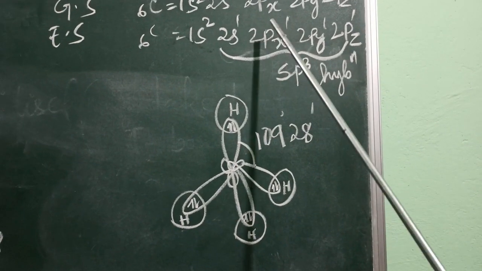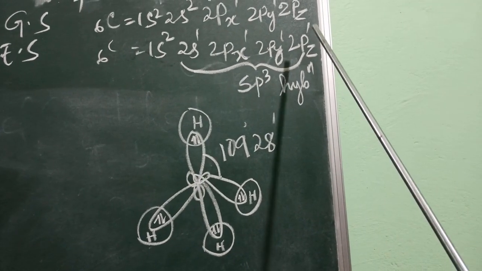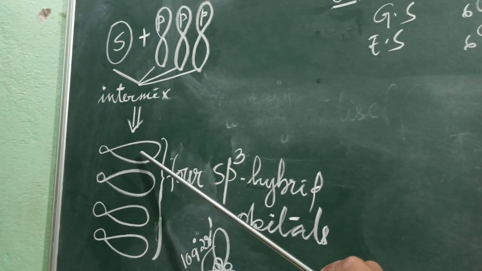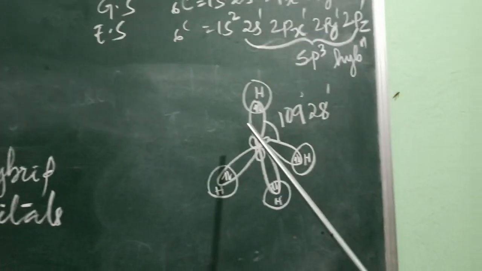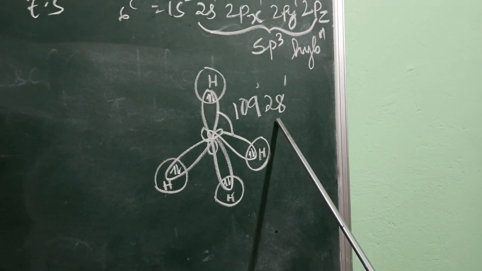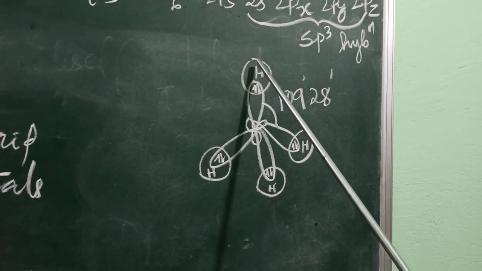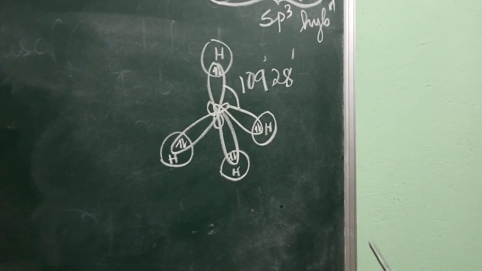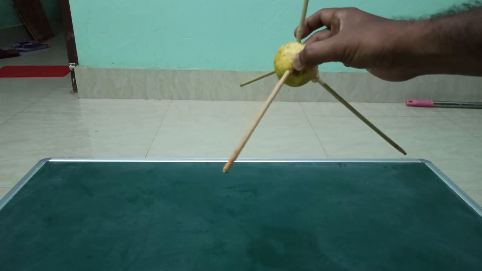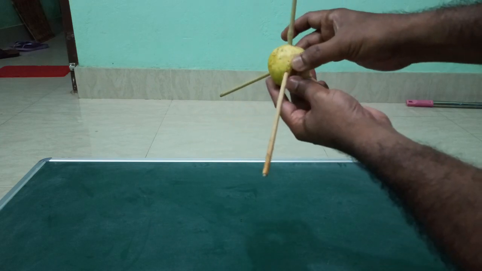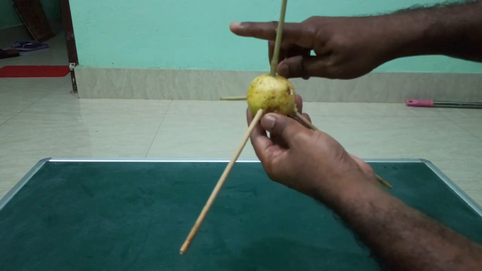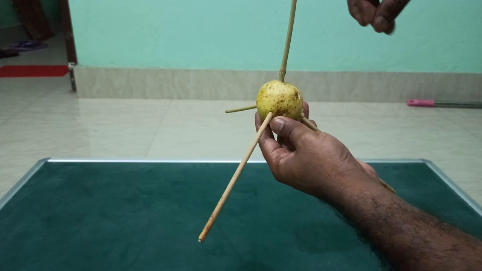So here all of s and p are intermixing to give sp3 hybridization, and 4 sp3 hybrid orbitals are arranged in this way at an angle of 109 degrees 28 minutes. Hydrogens with s orbitals are coming from the vertices of the regular tetrahedron. Here is the model for methane. You see, this is the angle 109 degrees 28 minutes, all these angles 109 degrees 28 minutes, making its tetrahedron.